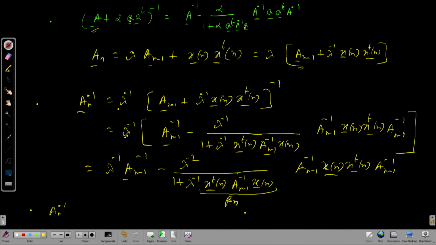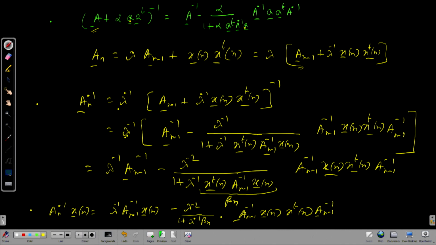If this A n inverse works on x n, that means the right hand side working on x n, that means this working on x n minus this lambda to the power minus 2 by 1 plus beta n times this thing, into, after this there is x n.